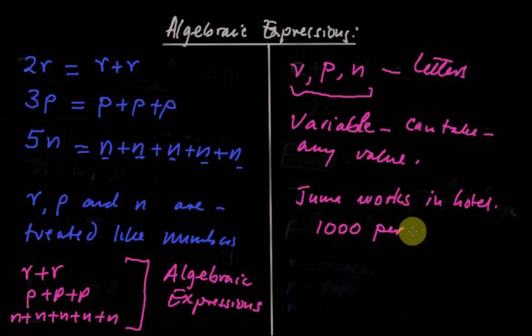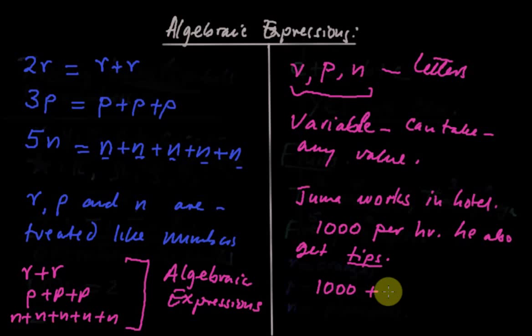But he also gets tips. So the salary or the wage of Juma in 1 hour will be what he is paid plus the tips. Now let us call the tips T, plus the tips he gets.